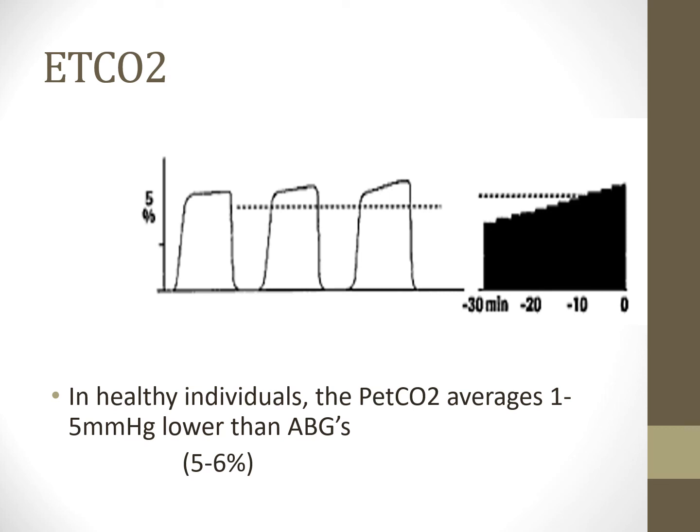So it should be within about 5 millimeters of mercury. Remember, end-tidal should be a little bit lower than the arterial CO2. If you see a big discrepancy, that's one of the big issues. That's where I told you guys I had that girl that had massive amounts of PEs, and her end-tidal CO2 was like 19. She was breathing, tachypneic, tachycardic.